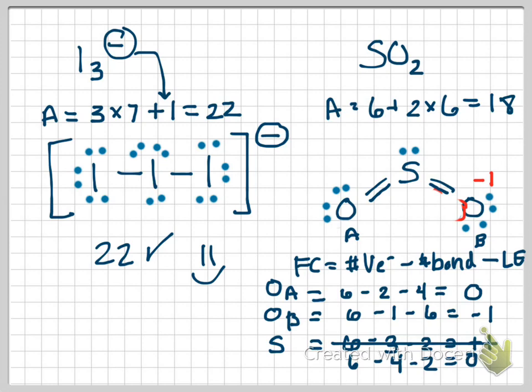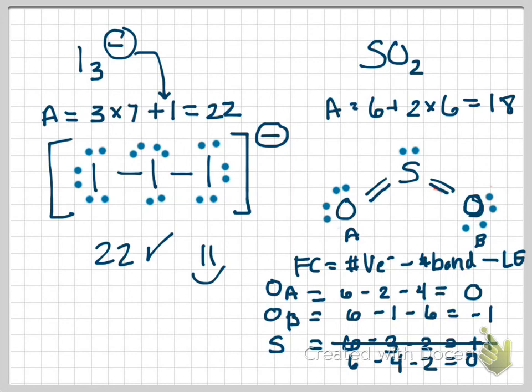And then the new formal charge on oxygen is also 0. So now the formal charge for all the atoms in my modified structure is 0. This can be done because, again, sulfur can expand.